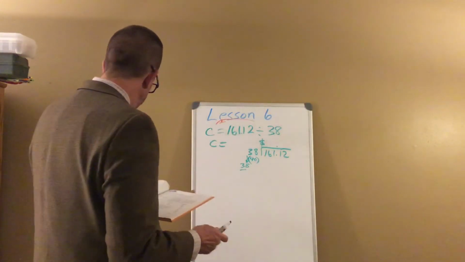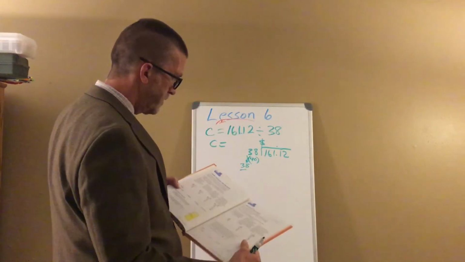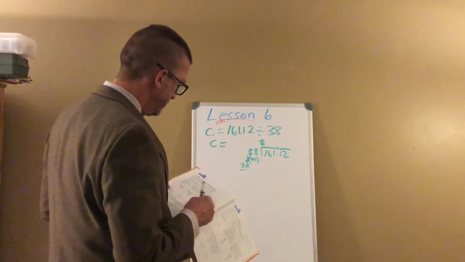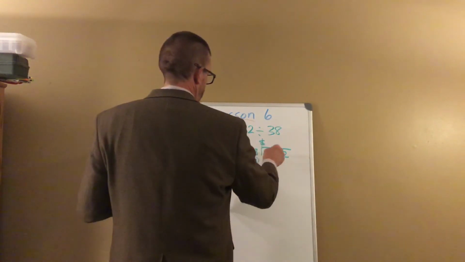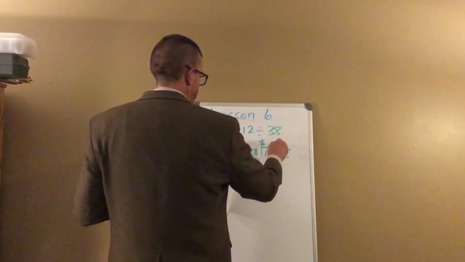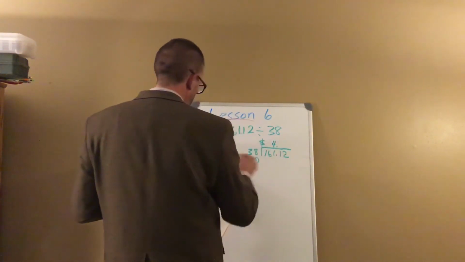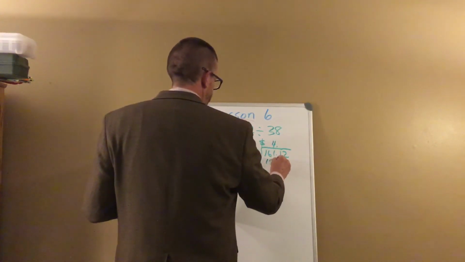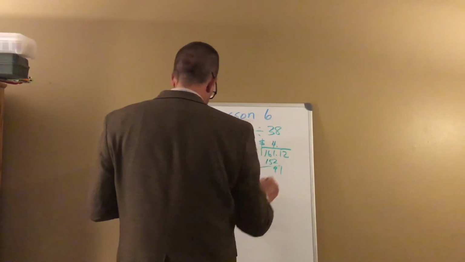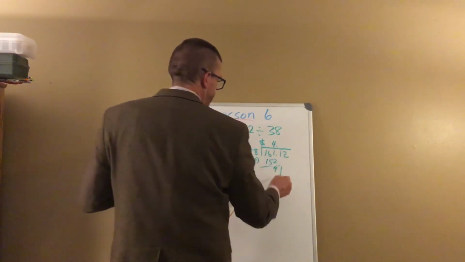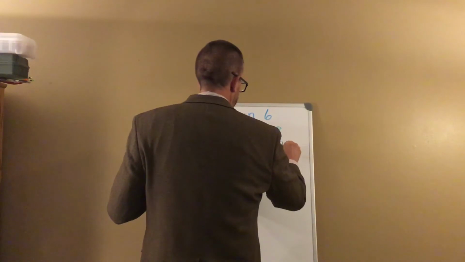All right, well, they do all the work for you down here. As you can see, 40 goes into 164 times, 4 also, so we multiply the exact and you get 152. We subtract, bring down 1. I've already got the decimal brought up. 38 would go in there twice.